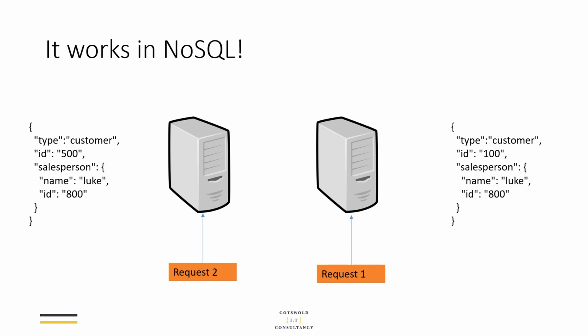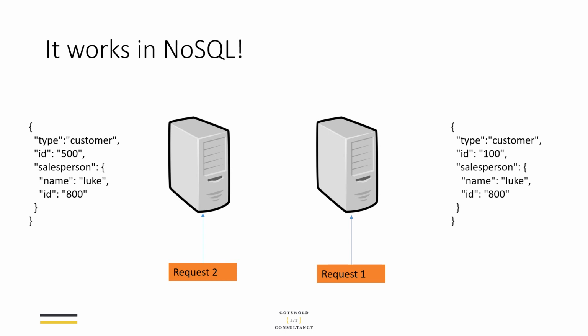What happens in NoSQL if you have something like a salesperson linked to the customer? Well, you've got a couple of different options. You could have a different server with a different NoSQL database set up for salespeople and users. Or you could do a query that joins more than one server and take the hit where you need to take the hit.